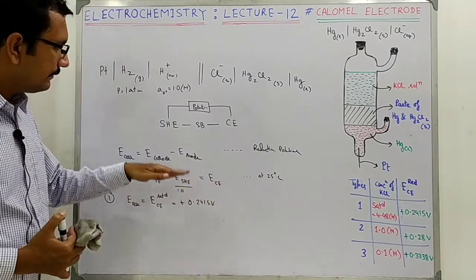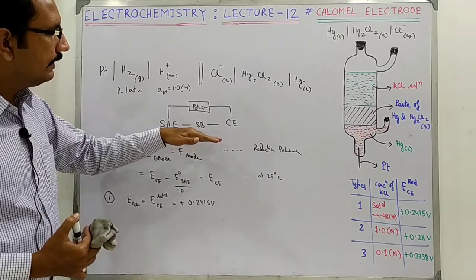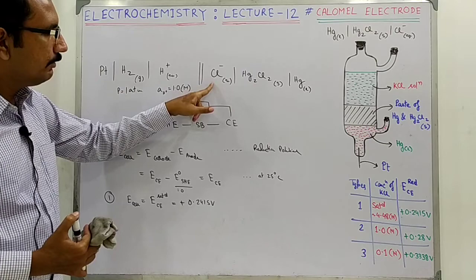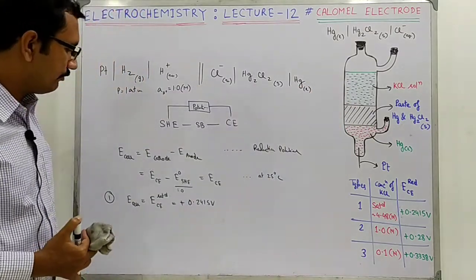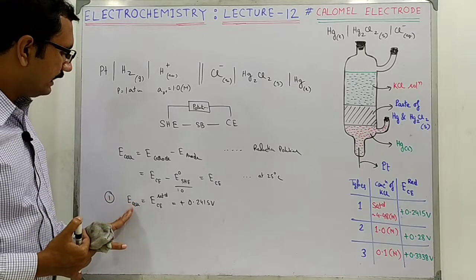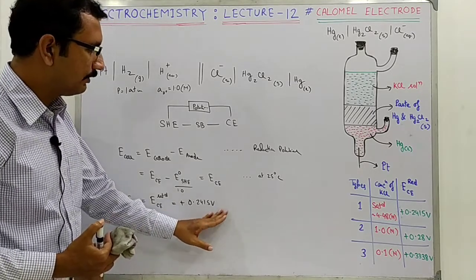Now, when we take the concentration of KCl solution within the calomel electrode to be saturated, that is around 4.4812 normal, we get the E cell to be plus 0.2415 volt.